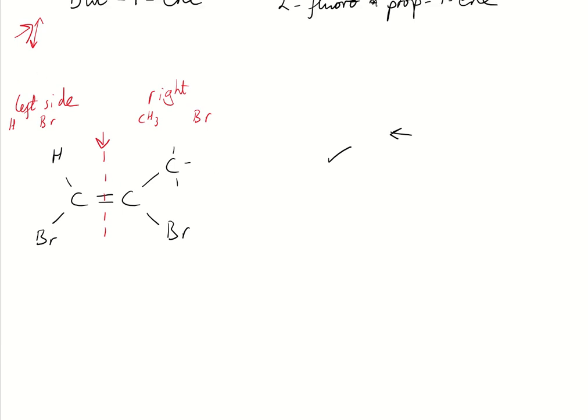So for this then, what we do is we use the Cahn-Ingold-Prelog rules. Again, I mentioned this in another video. I give the highest priority to the highest atomic number when I compare atom versus atom. So hydrogen versus bromine. Bromine wins. Bromine 79.9 versus hydrogen 1. So this is the high. On the right-hand side, bromine versus carbon only. So you compare the immediate atom here that is connected to the carbon in the double bond.